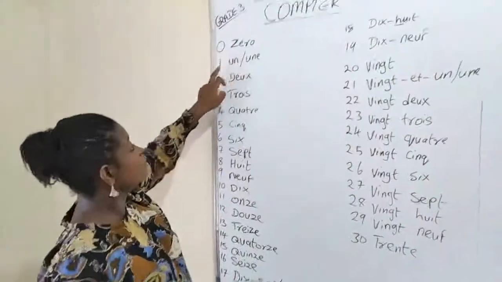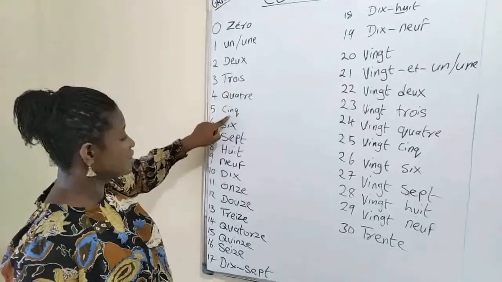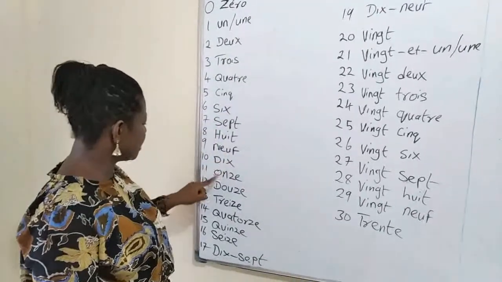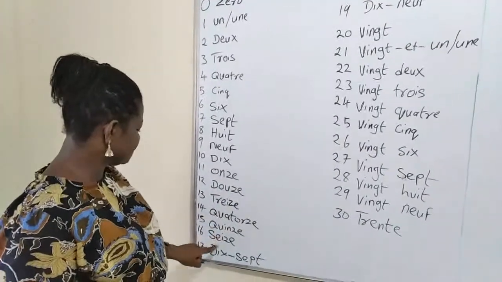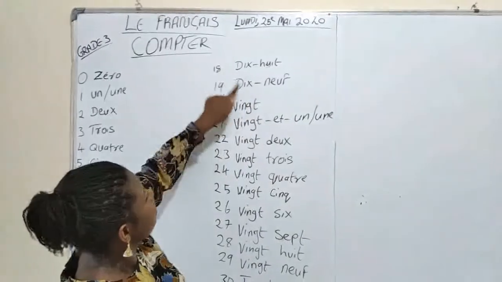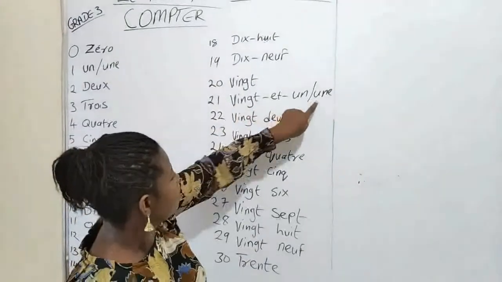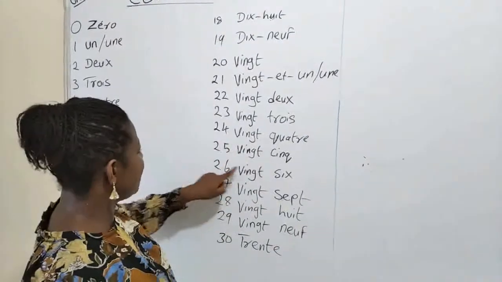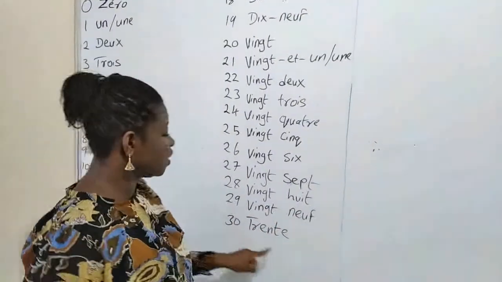Alright. 0, 1, 2, 3, 4, 5, 6, 7, 8, 9, 10, 11, 12, 13, 14, 15, 16, 17, 18, 19, 20, 21, ou bien 22, 23, 24, 25, 26, 27, 28, 29, 30.